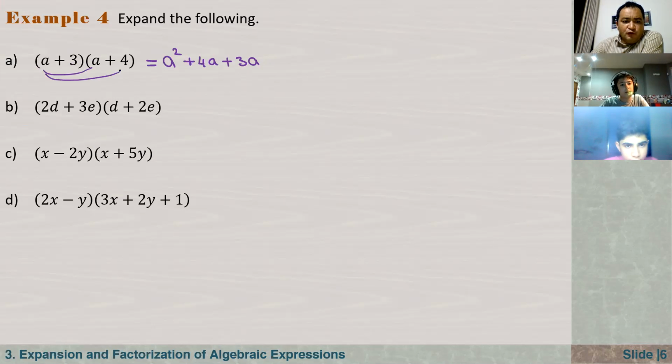A times 4, 4a, right? And plus 3 times a, it is plus 3a. And 3 times 4, it is 12. Right? Only these terms are like terms. So that's equal to a squared plus 7a plus 12.